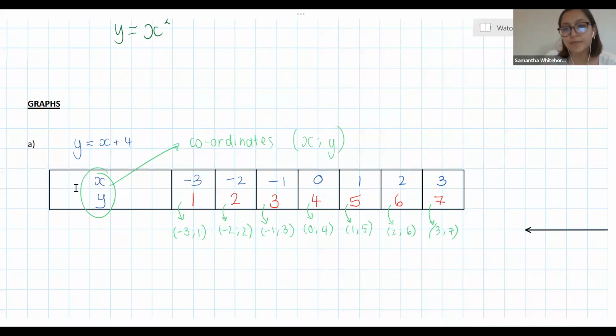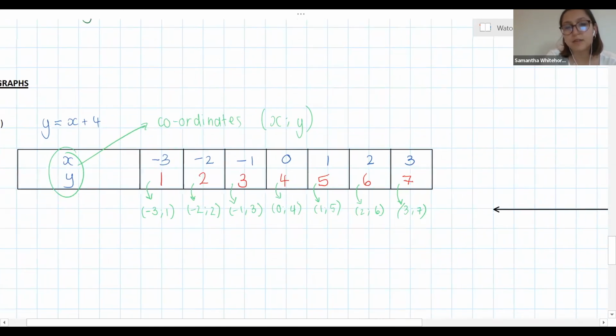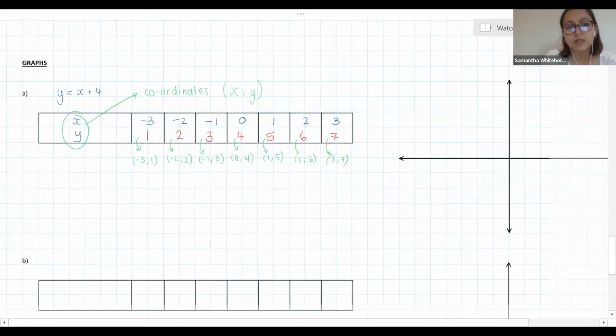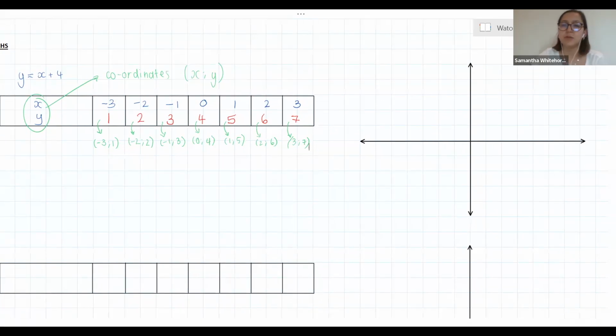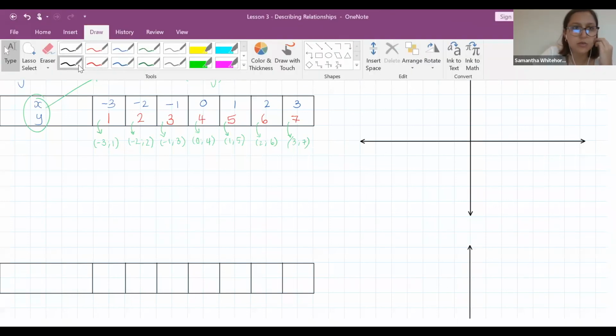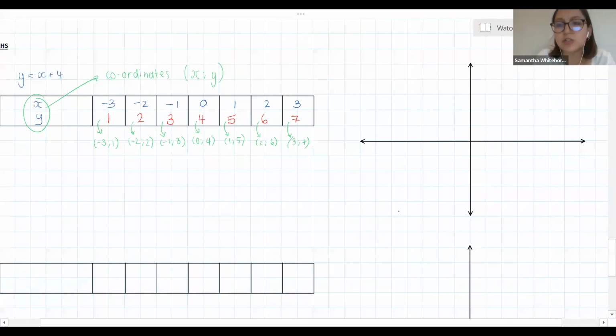Right, so I would like to have enough space. There we go. So what I've got here is a set of axes that we're going to try to plot some points. Now, I'm not going to do it perfectly accurately. But let's see. So 1, 2, 3, 4, 5, 6, 8.